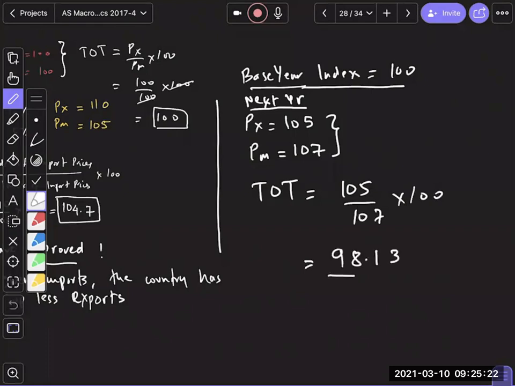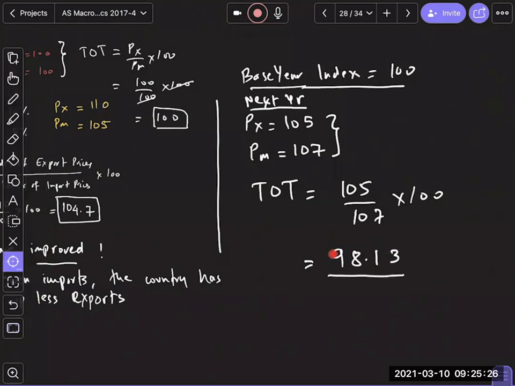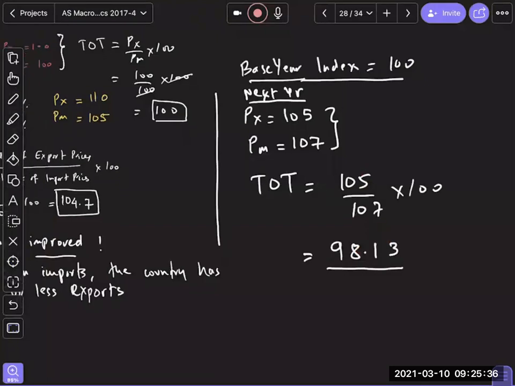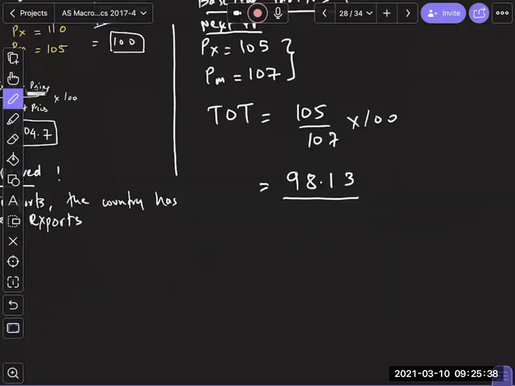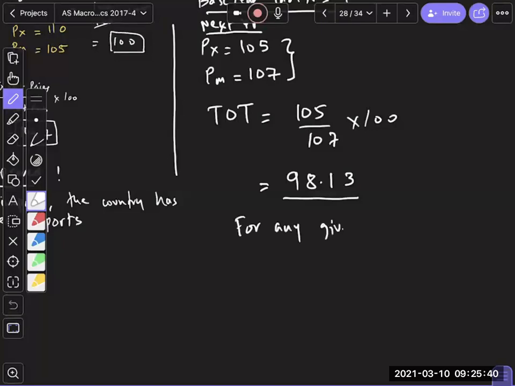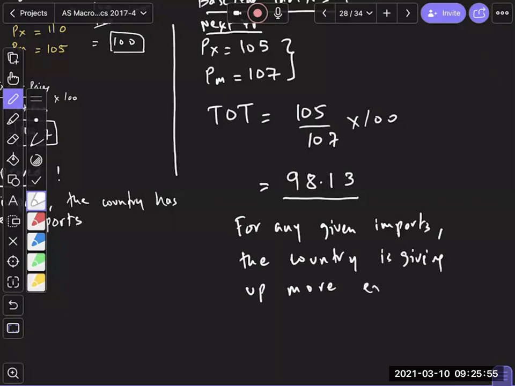98.13. This means for any given imports, I will now give up more of my exports. My imports are more expensive than exports, right? So let me write this. Giving up more exports.